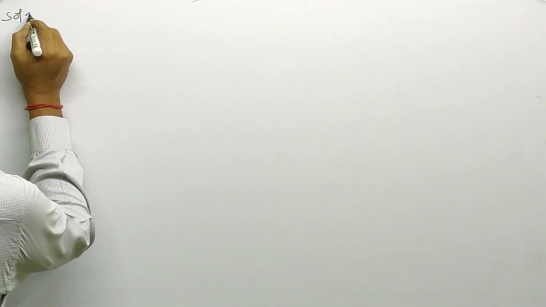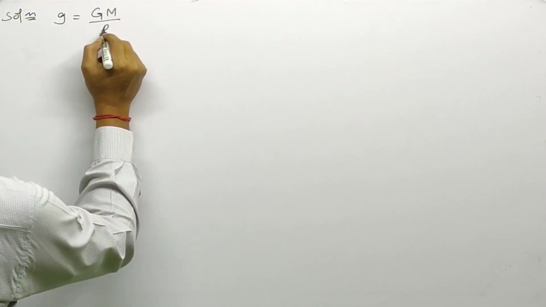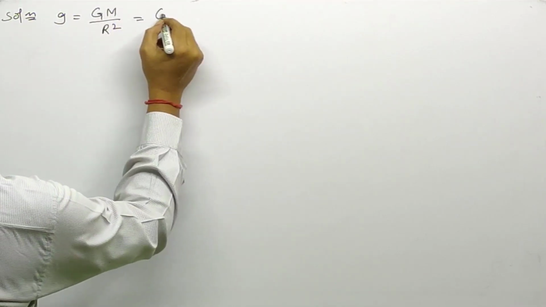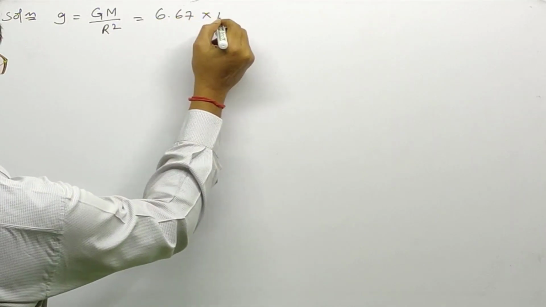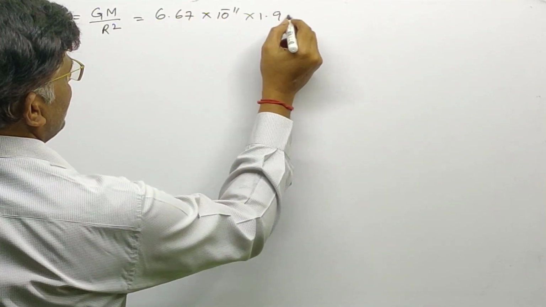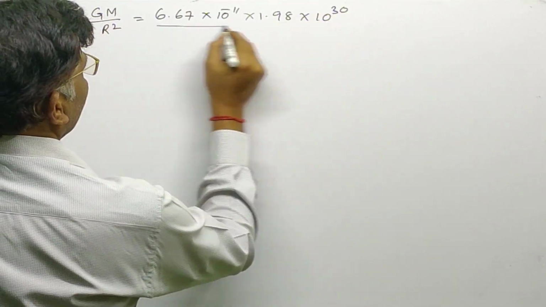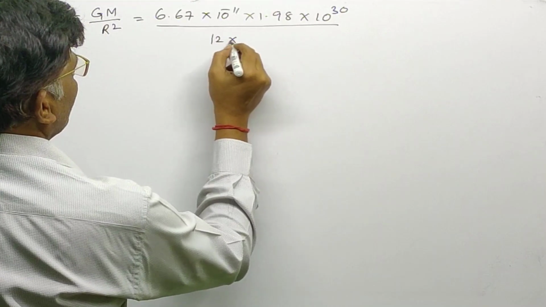Solution. We know that small g is equal to GM by R square, that is equal to 6.67 into 10 power minus 11, mass is given as 1.98 into 10 power 30 kg, radius is given 12 kilometers.